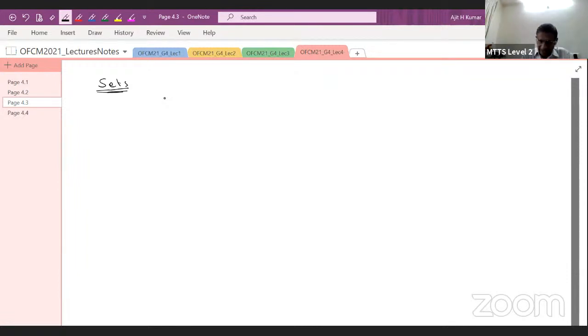Or we write the set by mentioning its property. Just now we wrote the set of all X in something satisfying a certain property. This is what we call set builder form. But in case it is possible, we write by listing the elements.